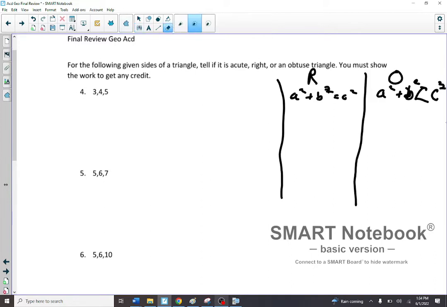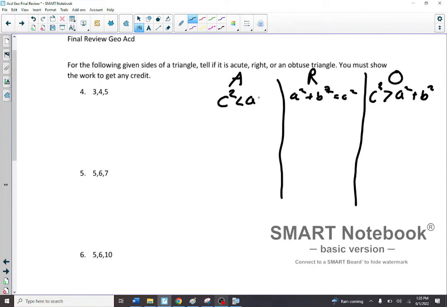And I'm going to rewrite that because it's just so sloppy. It's going to be a squared plus b squared is smaller than c squared. Or another way you could think of it, c squared is bigger than a squared plus b squared. So it's dependent on the c squared. While over here, acute triangles, if c was bigger on obtuse, c must be what in this case? Smaller. So c squared is smaller than a squared plus b squared. And then put yourself a little note, c is always the biggest number.